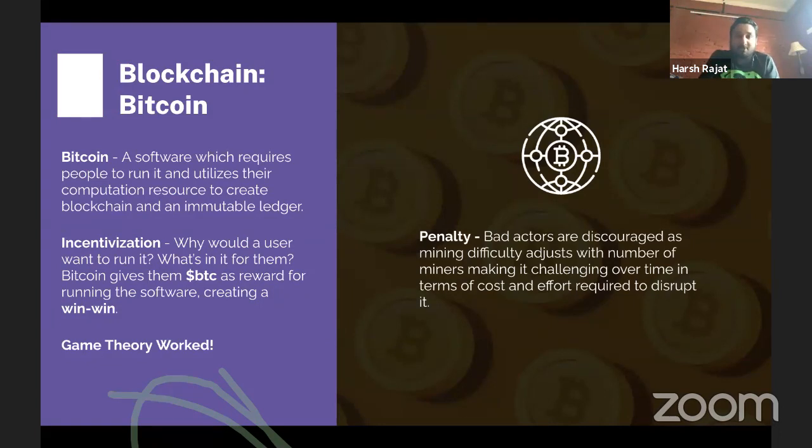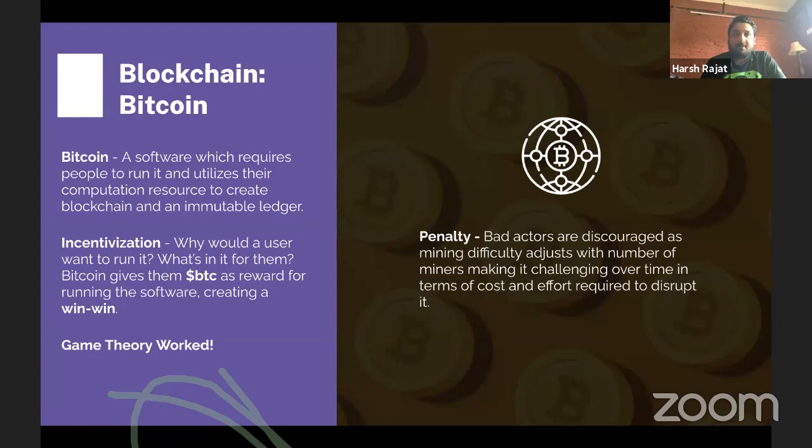Taking it up a notch to the digital world, even Bitcoin follows a very cool game theory. I'm not going to go into a lot of technicalities as to what Bitcoin is, but essentially, if I have to define Bitcoin at a very simplistic level, it's just a piece of software which is run on a computer.